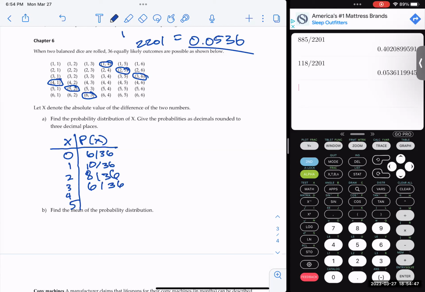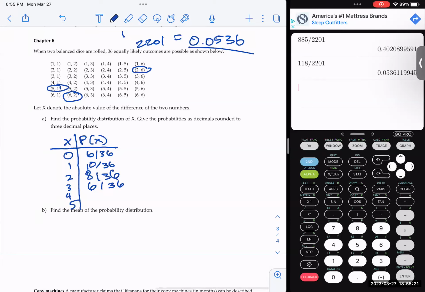And then we do the 4s. So the 4s, I mean, there's only 2 more. I'll just go ahead and work those out too. So 4, 6, and 2. And 2 and 6. Is there anything else that have a difference of 4?